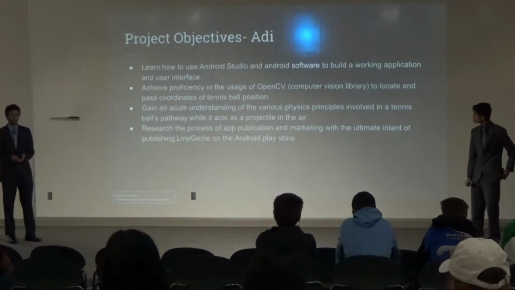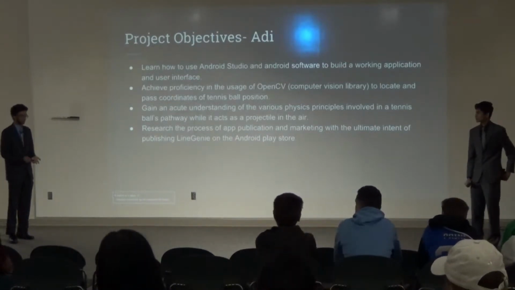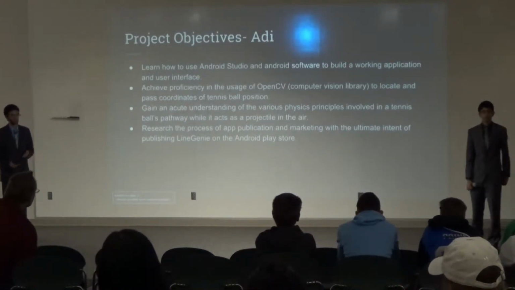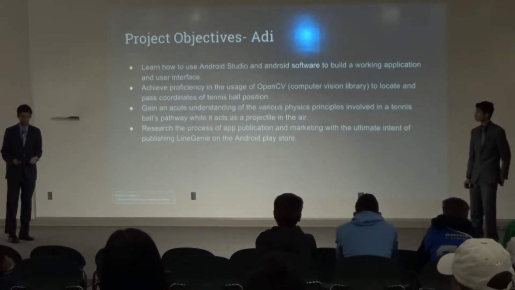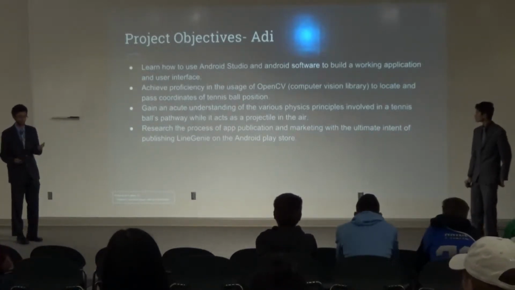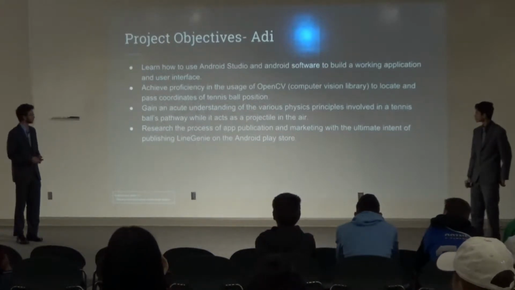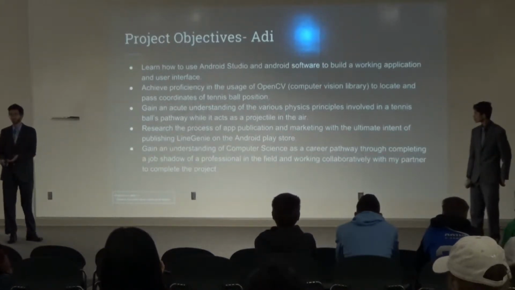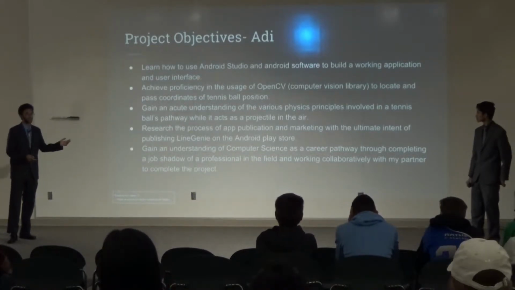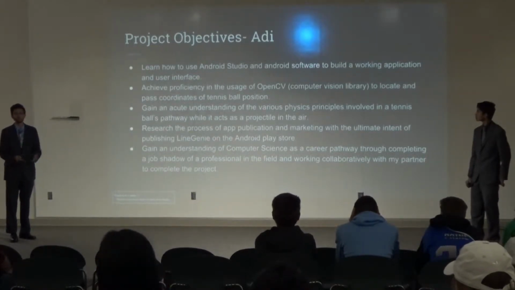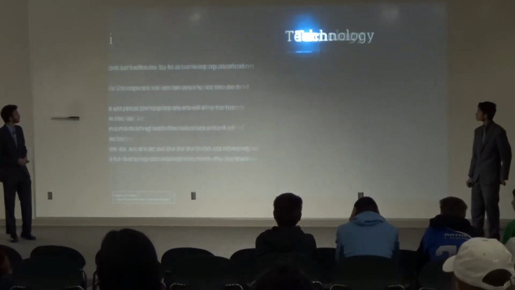The next thing is to research the process of app publication and hopefully market Line Genie with the ultimate intent of putting it on the Android Play Store. This isn't something that we were able to accomplish, but it was an initial objective. And lastly, it's just to gain an understanding of computer science as a pathway, complete a job shadow, and work collaboratively with my partner to achieve our goal.